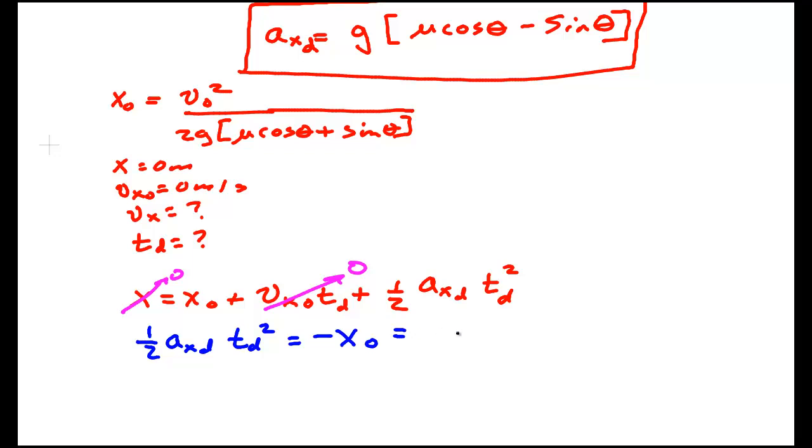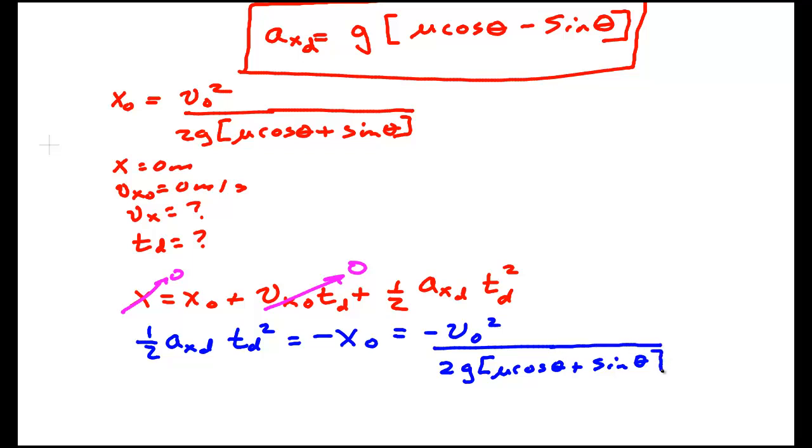So this is minus v naught squared over 2g times mu cos theta plus sine theta. Or if you preferred, it was minus v naught squared over 2 times the acceleration up.